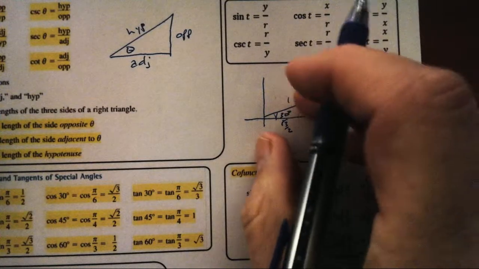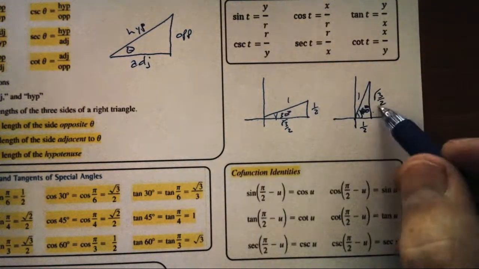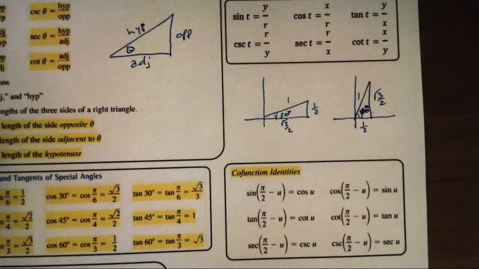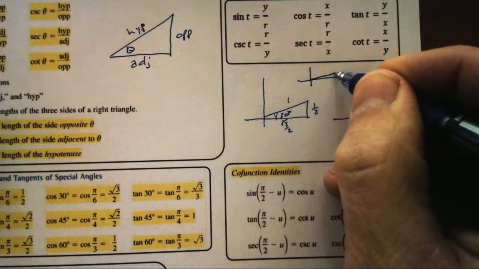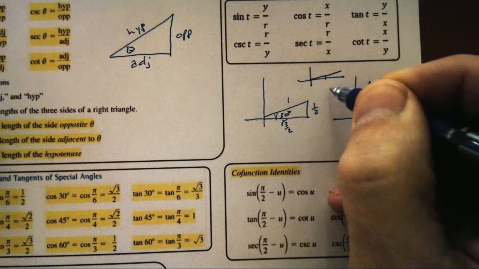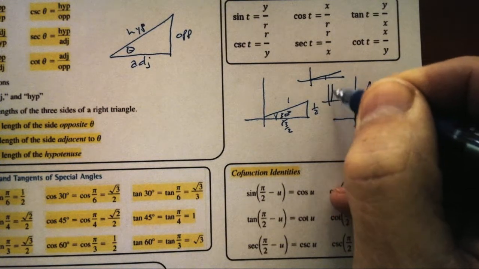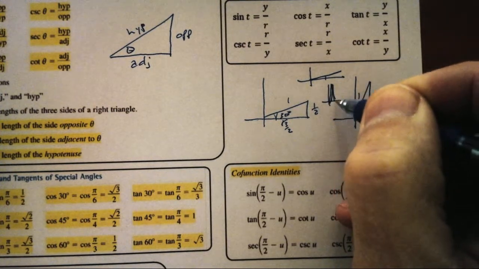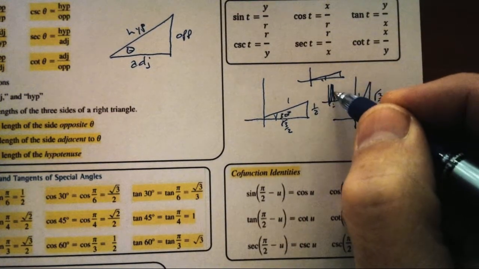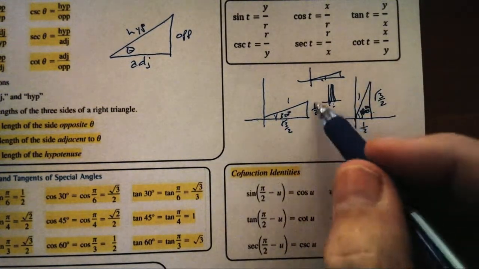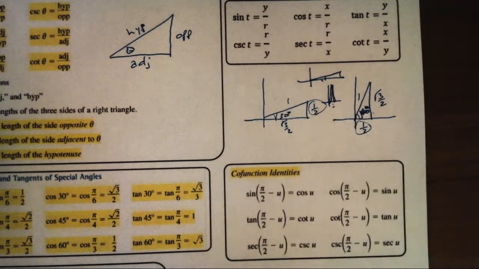And so we take a look. All we've done is we've kind of just spun this one around and flipped it over, and we get the same triangle. And that would be the same case as if we had, let's say, a 10 degree reference angle, and then we had with it an 80 degree reference angle. Those complementary angles would create these congruent triangles, and what's happened is what was an x value becomes a y value.